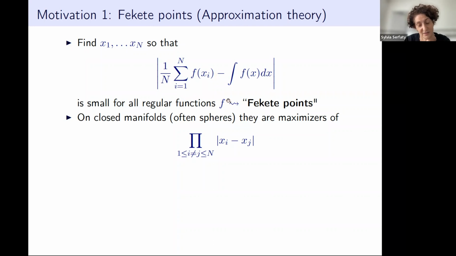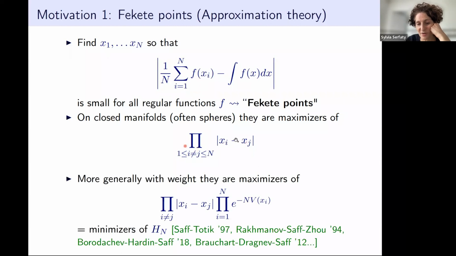And these are called Fekete points. In fact, you can look at these problems on closed manifolds, often on spheres, and you find that you want to maximize the product of the distances in order to distribute your points optimally. But maximizing product of distances, that's equivalent to minimizing minus sum of log of the distances. So you refine the question of minimizing log interaction.